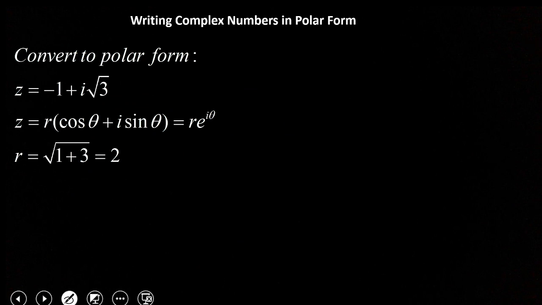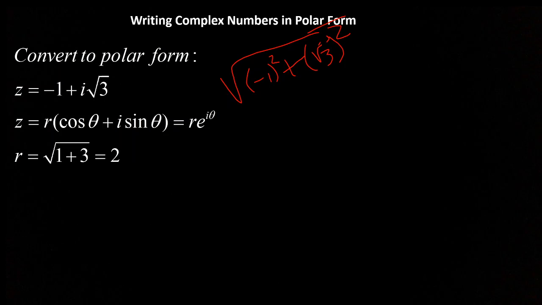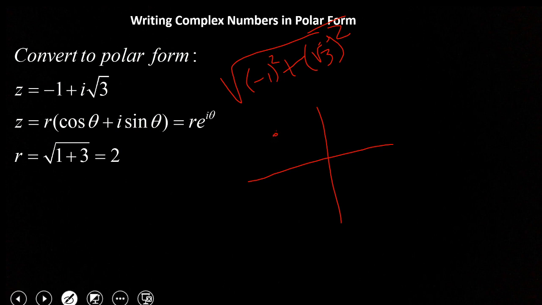All right, so convert to polar form. To convert this to polar form, again, we need r, which is the square root of negative 1 squared plus square root of 3 squared. That's just 2. And what is theta? Theta is tangent inverse of, and which quadrant is this in? This complex number is over here, so it's in the second quadrant.